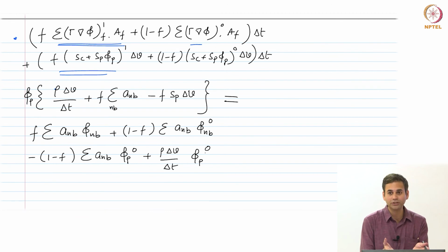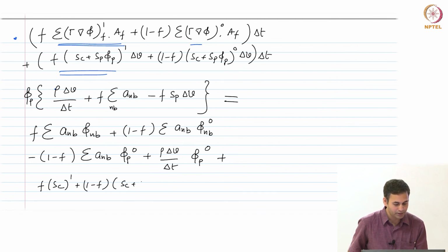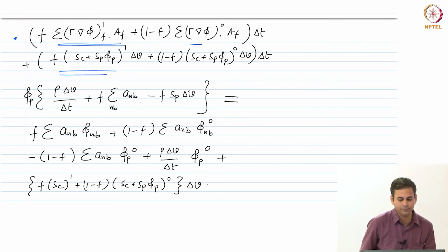Then we have a bunch of source terms that are coming from level 0, as well as the SC of the 1 level. Let us put all of those together. That will be f times SC1, plus 1 minus f times SC plus SP phi P 0, times delta V. Is that correct?